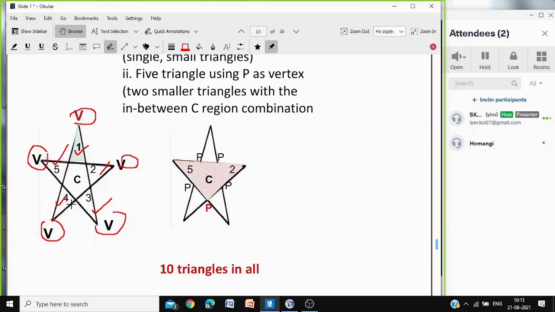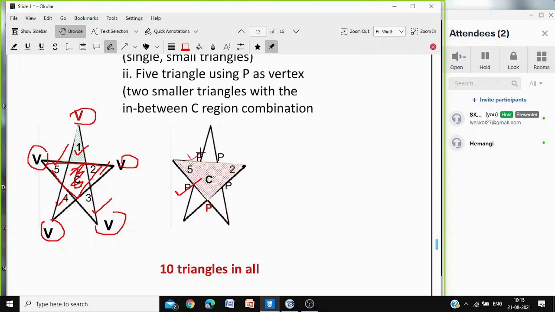Using the middle point, P, as vertex, what do you get? This 1 triangle, that is the full one, it includes the 2 triangles and the in-between region. So using this P also you will get 1 triangle. Using this P also you can get a similar 1 triangle.